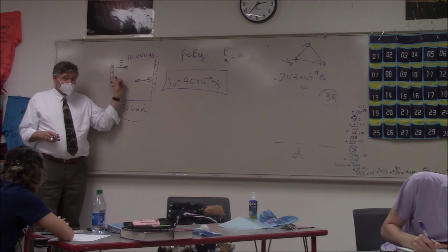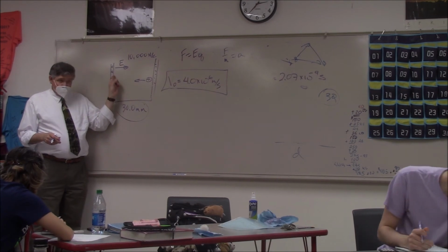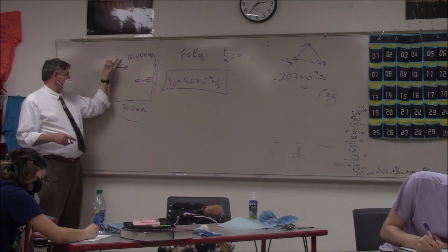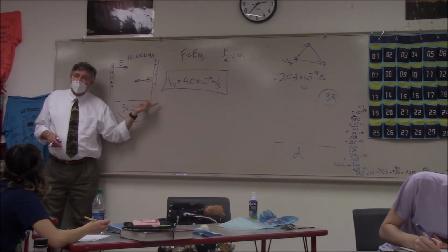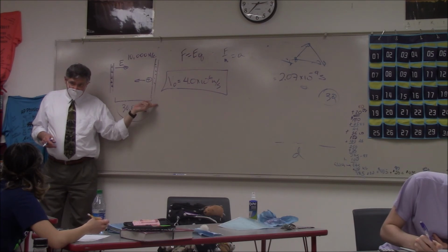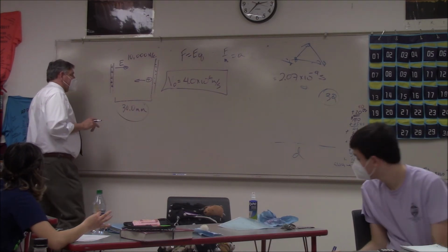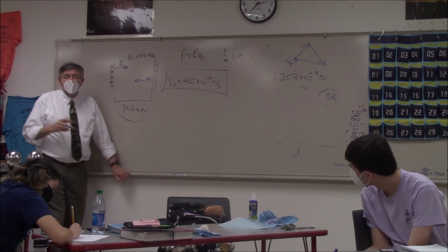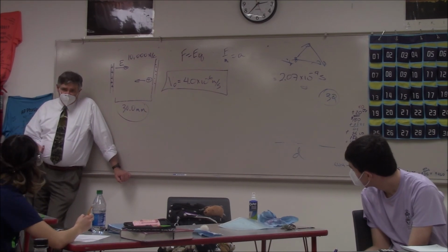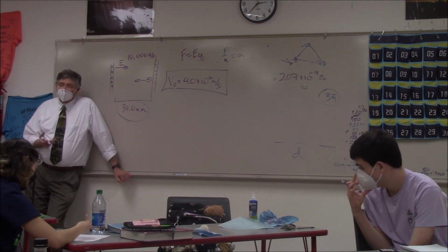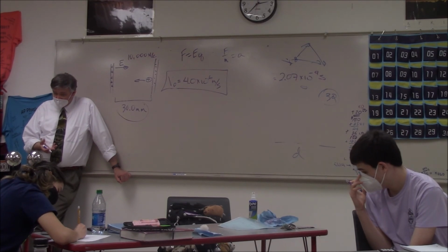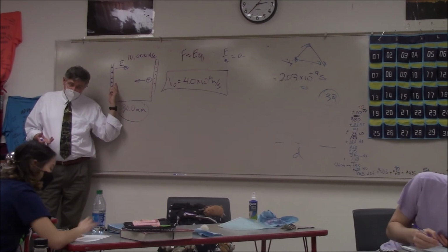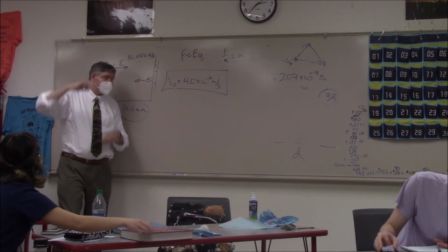Because if I put a positive test charge here, then it would be pushed away from this and attracted towards this. So this side over here is positively charged, and this side over here is negatively charged, right? So if that's the case, then as this proton is shot going across like this, is it going to speed up or slow down? It's going to slow down, okay? Because it's losing kinetic energy and gaining potential energy. That's one way to look at it. It's like you're shooting it up a hill.